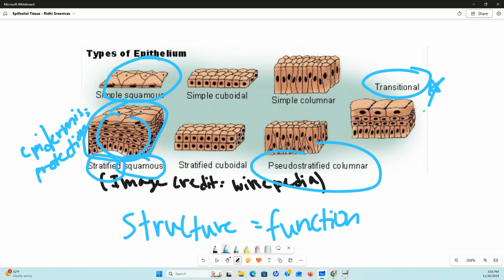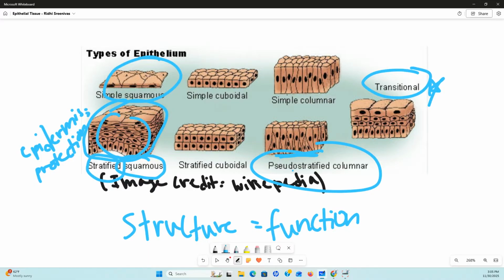And now pseudostratified columnar epithelium is found in the respiratory tracts as it contains cells of different shapes. So it's going to look stratified, of course. You can kind of see it looks layered, but it isn't, since all the cells are still attached to the basement membrane.